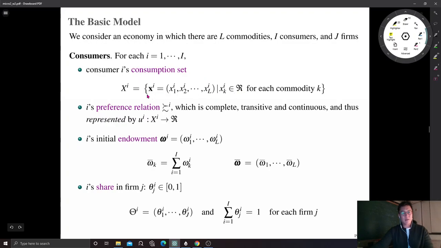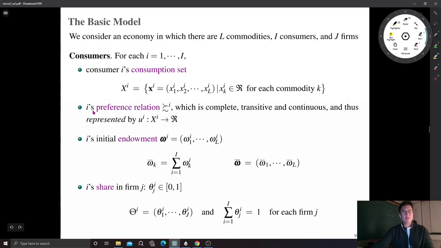So here, this is a consumption set, a very general definition of a consumption set. The consumption set is the set of bundles a consumer can choose. It has nothing to do with the budget constraint. We did not define the budget yet.